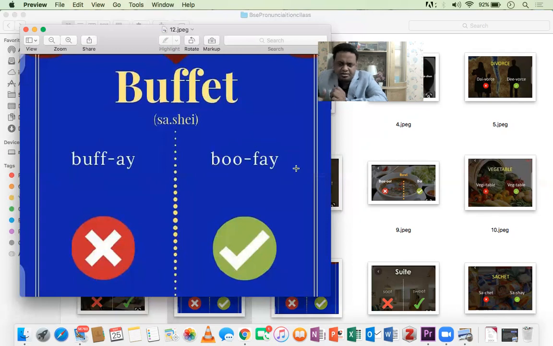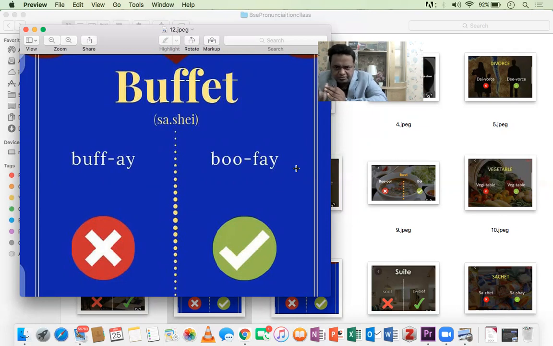We got buffet. Like in a lot of countries, like in the UK as well, we have buffets where you pay a set fee, like 12 or 15 pounds, and then you can eat as much as you like. They have plenty of dishes, especially Indian and Pakistani cuisines. Normally it's very common.